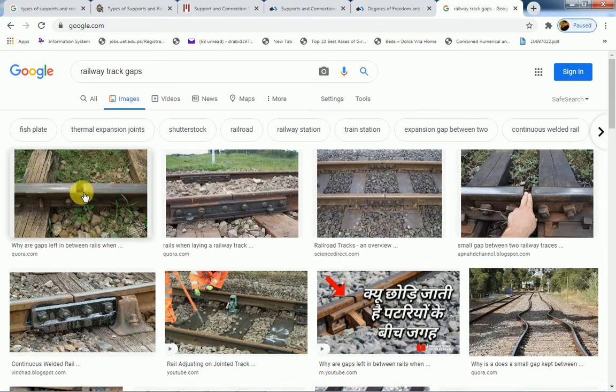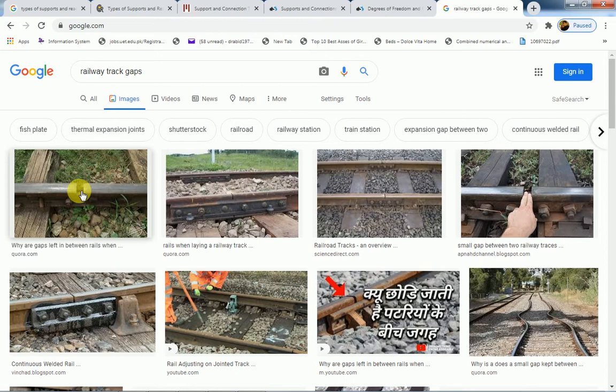You are seeing in this close picture here, almost 1 to 2 inches, I guess, whatever, depending upon the coefficient of thermal expansion and contraction. It is a provision designed for how much the material will expand in the summer season.